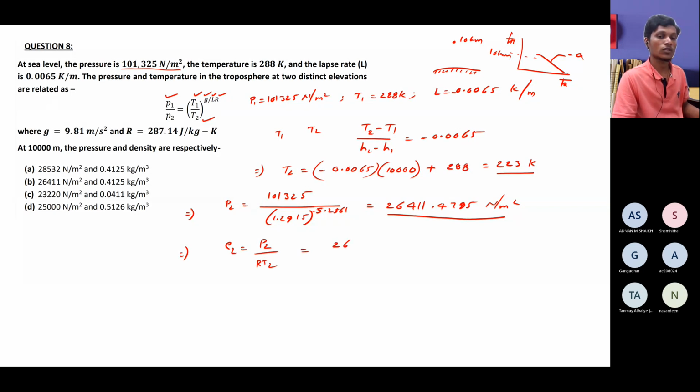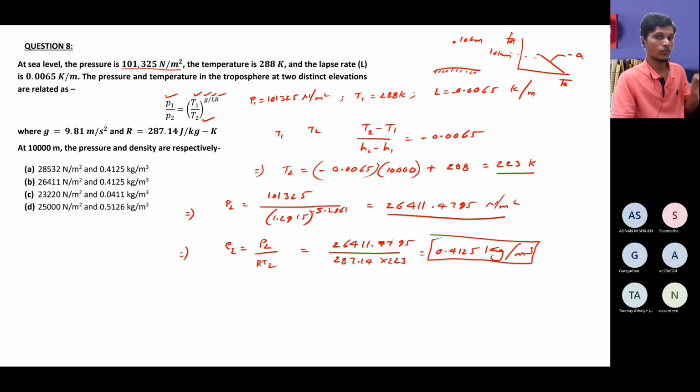P equals rho RT, so rho equals P2 by RT2, which is 26411.4795 by 287.14 times 223. That equals 0.4125 kg per meter cube. So this is your density value.